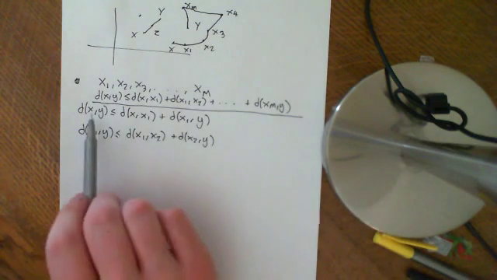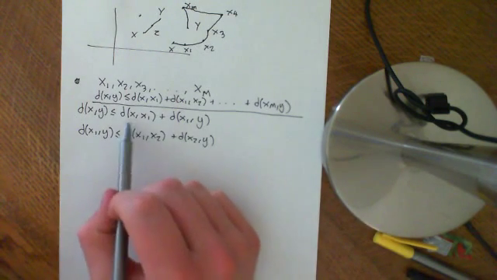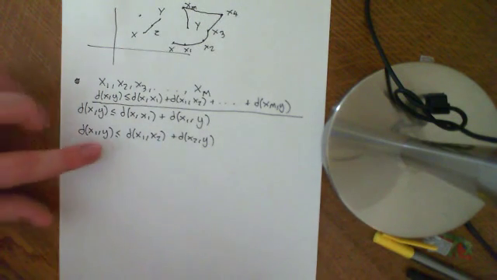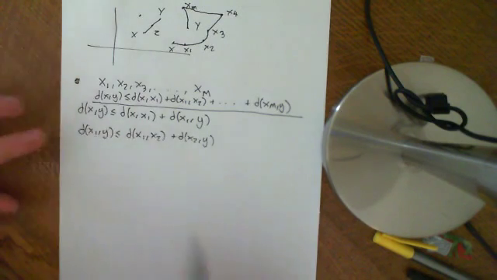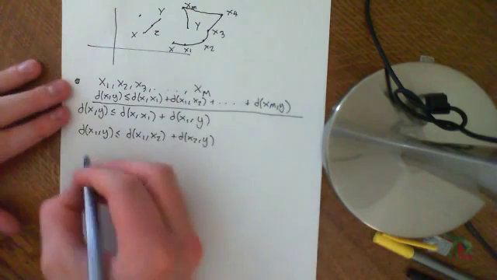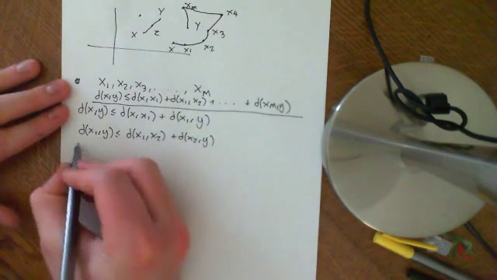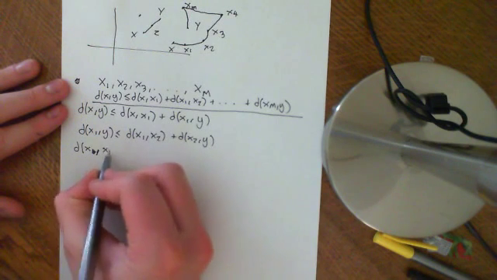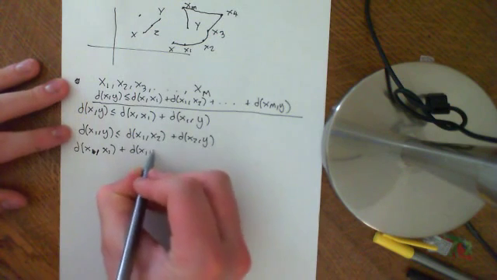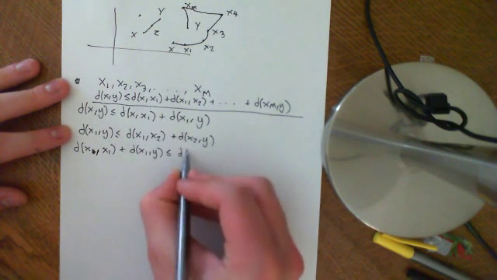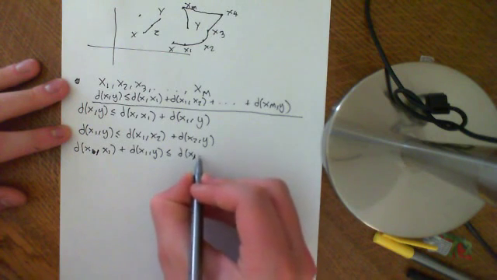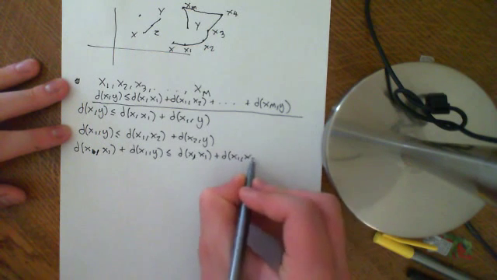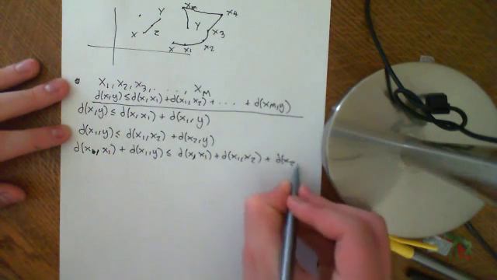The way that you prove it is that you start off by saying that the distance between x and y is less than or equal to the distance between x and x1 plus the distance between x1 and y. Then you say that the distance between x1 and y is less than or equal to this. So we can add this to both sides of this inequality and get the distance between x and x1 plus the distance between x1 and y is less than or equal to the distance between x and x1 plus the distance between x1 and x2 plus the distance between x2 and y.